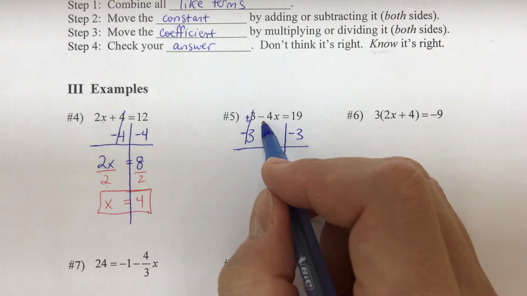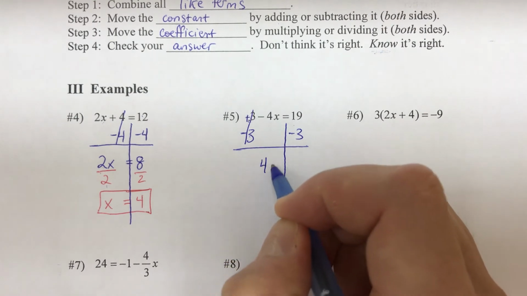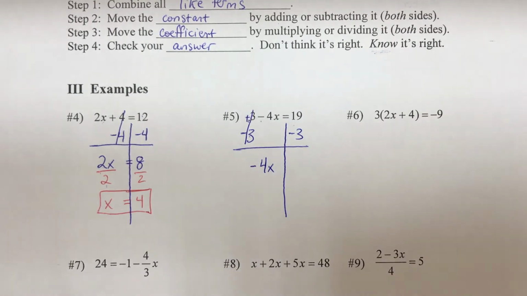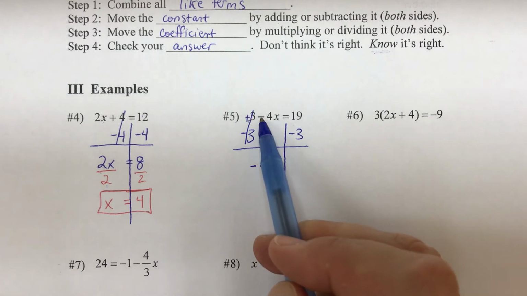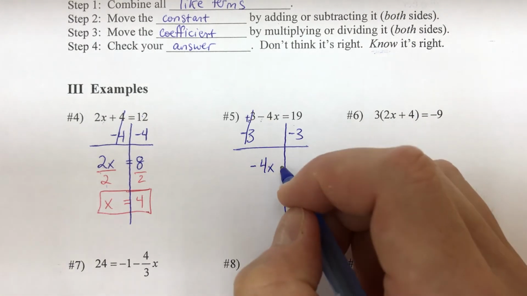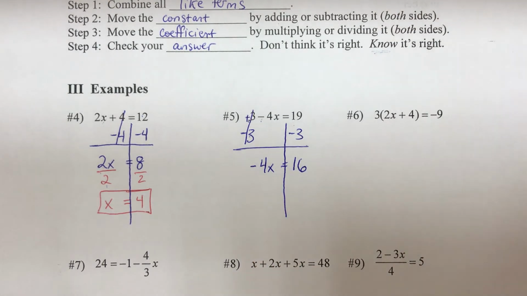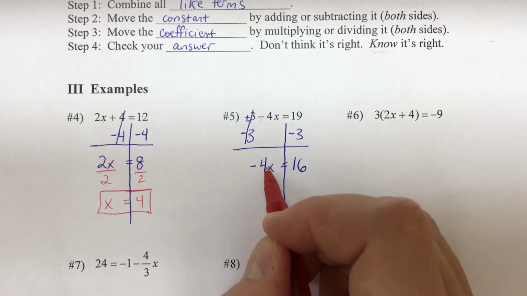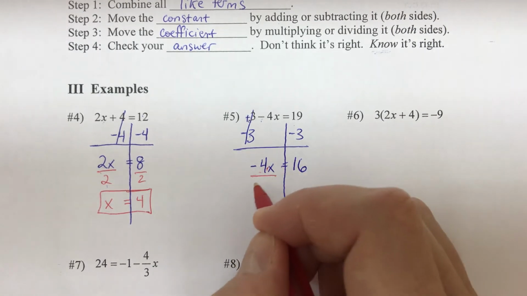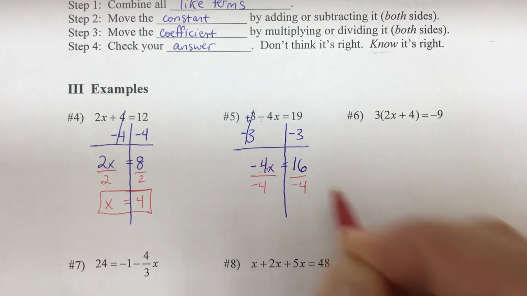Now what that leaves, though, that's not 4x. That is negative 4x. That minus, that subtraction, goes with the next value. Equals 19 minus 3 is 16. Now, this is negative 4 times x. That's a coefficient. To undo that, we divide both sides by negative 4.